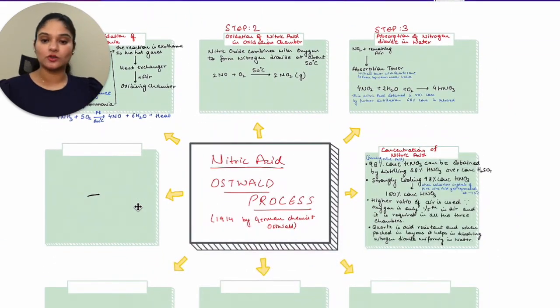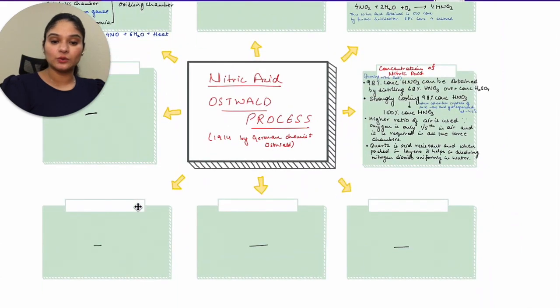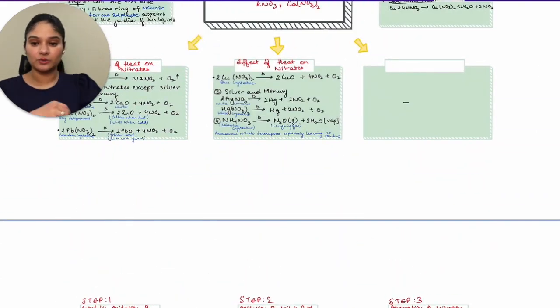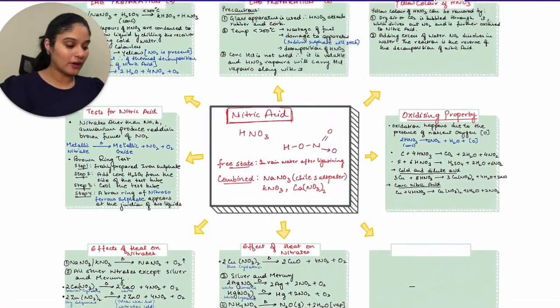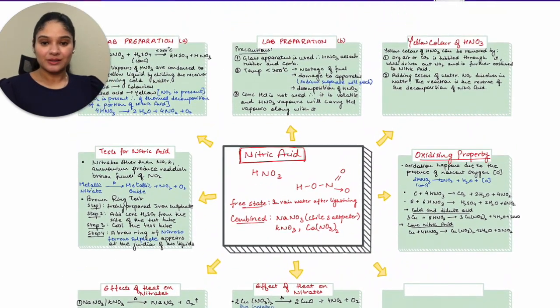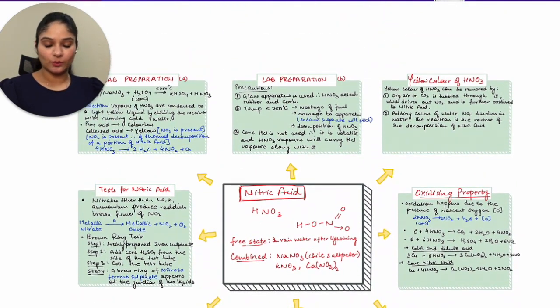This is your Ostwald process, that is the manufacturing of nitric acid at industrial level. So these are the two slides. In this one you have 4 portions covered, and in the previous one you have about 5 portions covered. I mean just one is left out, others are covered. Okay, so let's get started with this one. I'll be zooming in at every section and we'll be discussing the important portion of that.